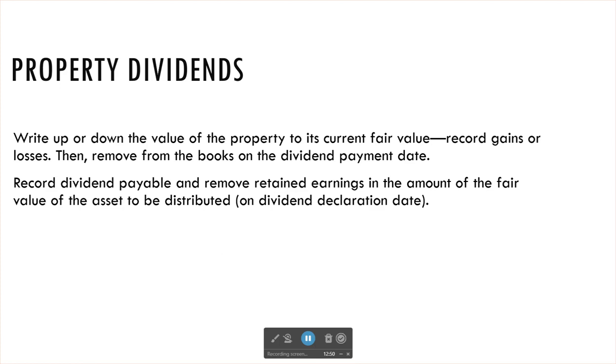Property dividends, now this is when you want to give out from your company something of value to your shareholders. It's hard to imagine a time when you would do this, frankly. But let's say that you have a small company, there aren't very many shareholders, and maybe it's a controlled company where only a few people are really running the company, but it's organized as a corporation, so you have a few investors.